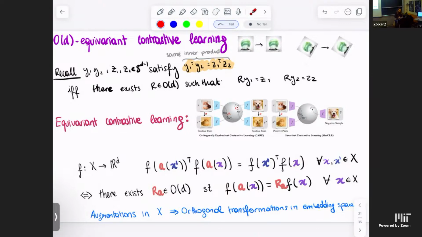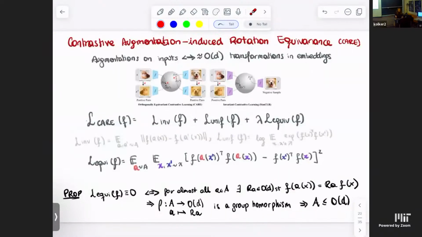So basically, the idea is that you want augmentations in the original space of images to correspond to orthogonal transformations in the embedding space. And the way Charu and her collaborators implemented this was by taking the original SimCLR objective that has an invariant term and a uniform term, and adding an extra equivariant term, which is defined in terms of the expected value of the inner products of the embeddings of the augmented objects and the inner products of the embeddings of the original objects.